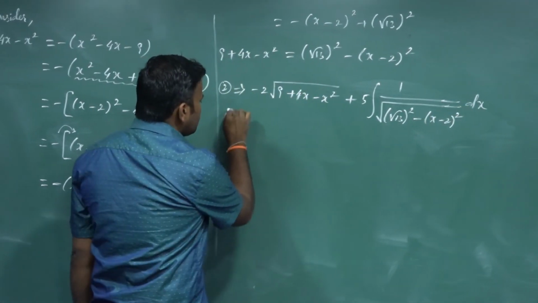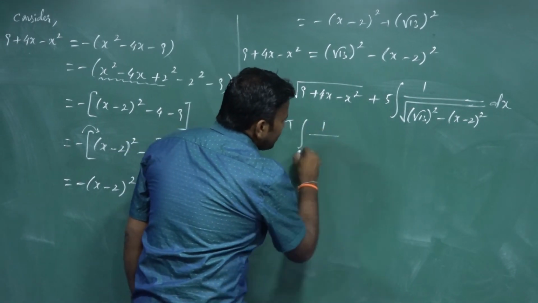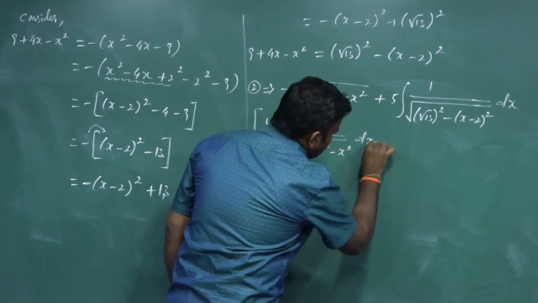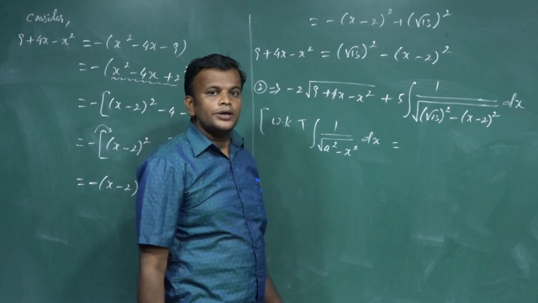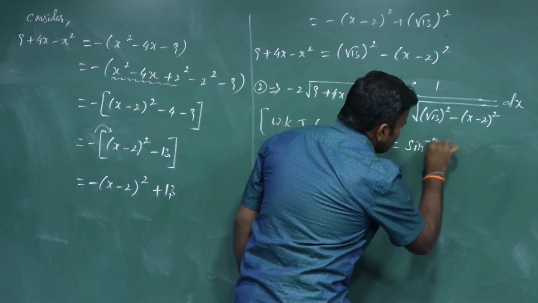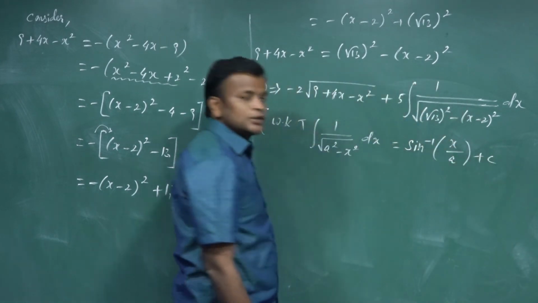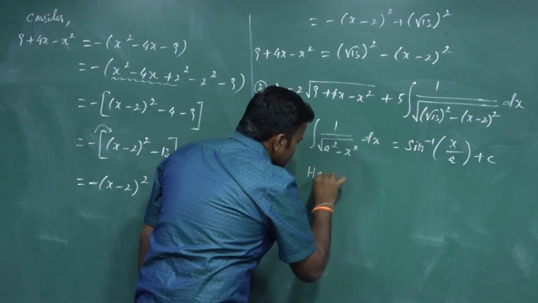For your understanding I write the formula: 1 by square root of a square minus x square, within a square root a square minus x square. The formula is sine inverse of x by a plus c. Then we compare the formula and our given sum.